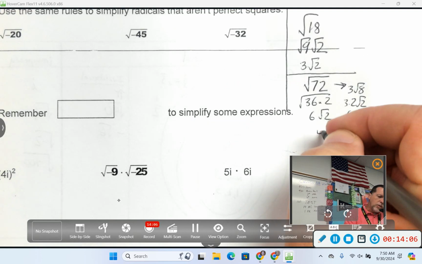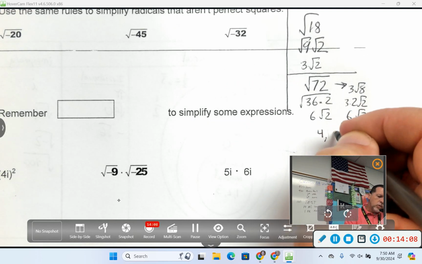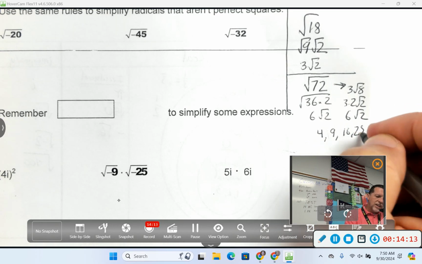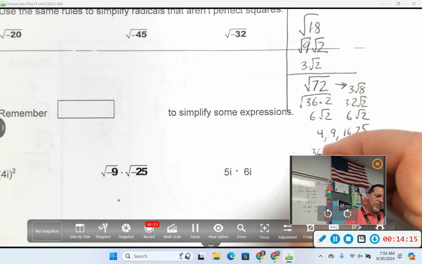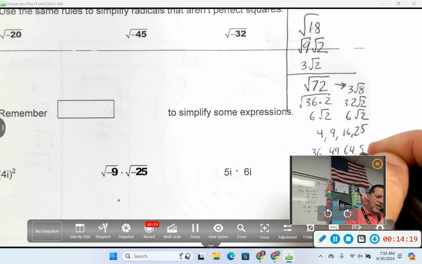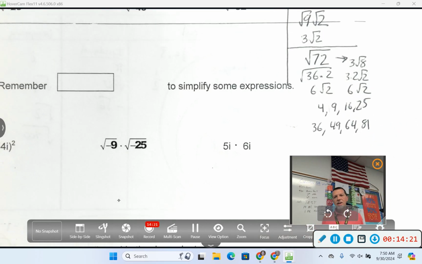Maybe we should review our perfect squares here. 4, 9, 16, 25, 36, 49, 64, 81, 100.